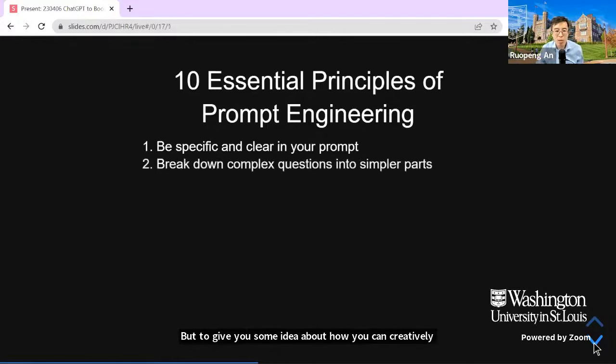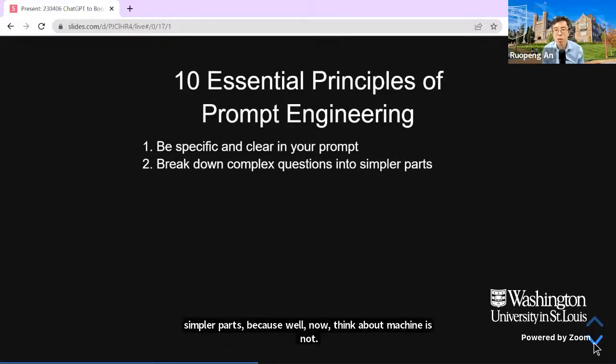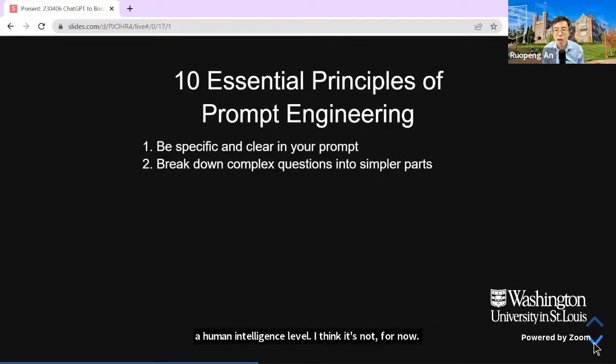The second is to break down complex questions into simpler parts, because the machine is not at a human intelligence level, at least not for now. For a complicated question, we human beings are excellent at dividing a complex task into many smaller tasks that are interrelated.